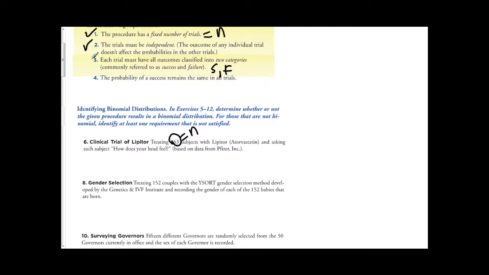Let's see. Each trial must have all outcomes classified into two categories, either success or failure. Well, how many different outcomes can you have here? You could have anything from great, even things better than great. You could have great, you could have okay, and you could also have bad, and anything in the middle of these.